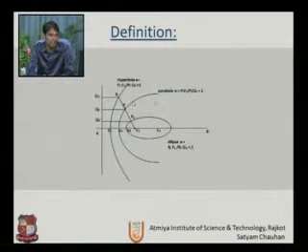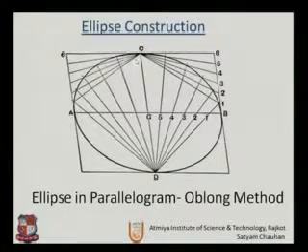So by definition, a parabola is the locus of the points which are at equal distance from the focus and from the directrix. So that is the parabola.